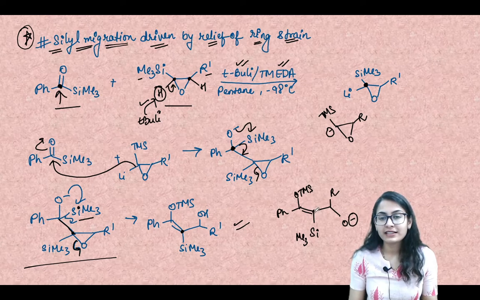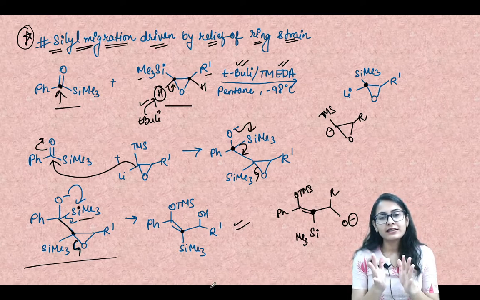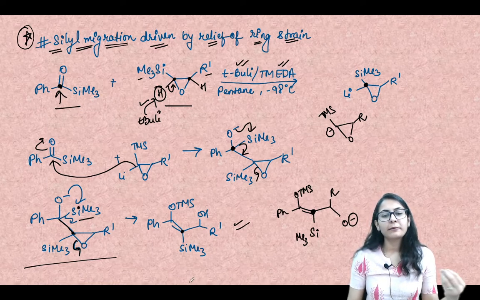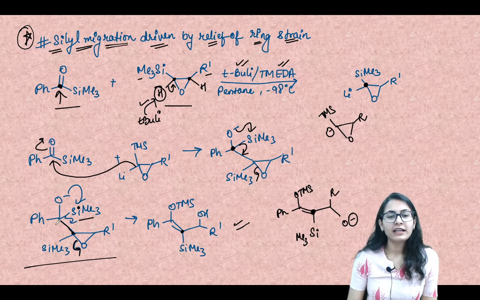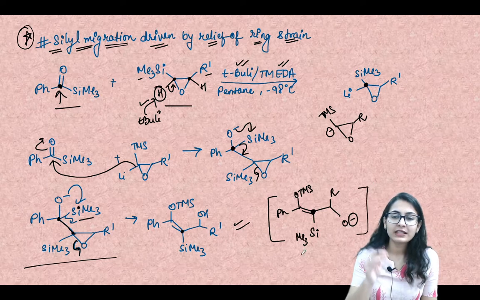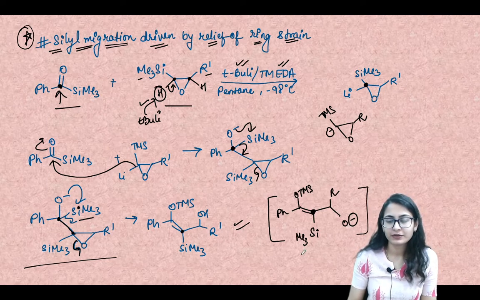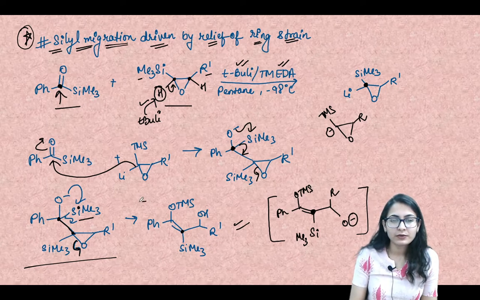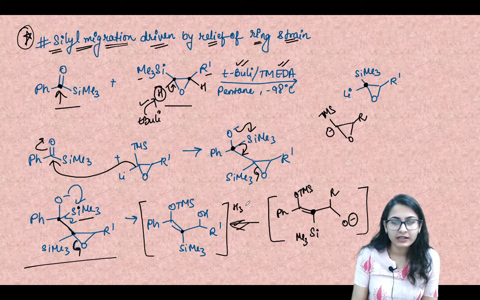Now here it is the sp2 carbon, it is not an alkyl group, so hence the breaking of this bond is not as easy as compared to the breaking of a simple sp3 carbon silicon bond. So we are not having any further Brook rearrangement. The oxyanion is going to stay as it is right over here. Alright, and it is going to give you this final product on the aqueous workup.